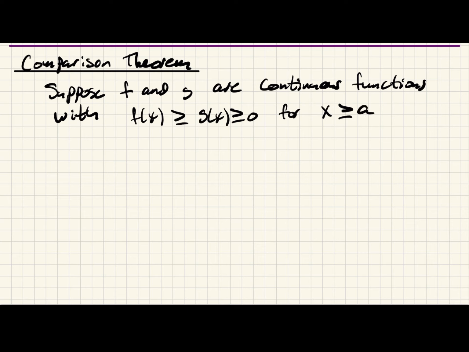So beyond some point a, f is bigger than g. So just like we're talking about, past that point 1 over x squared is bigger than 1 over x cubed. Okay.